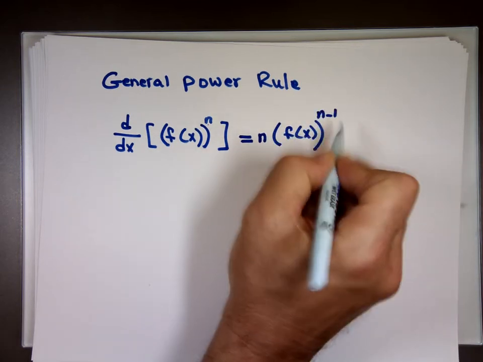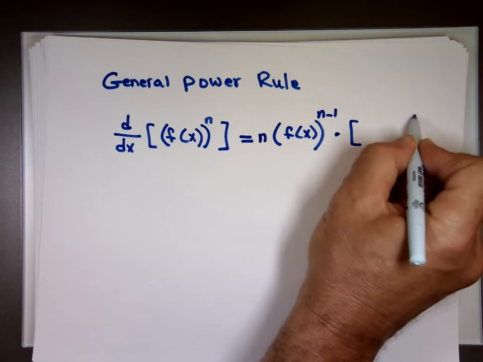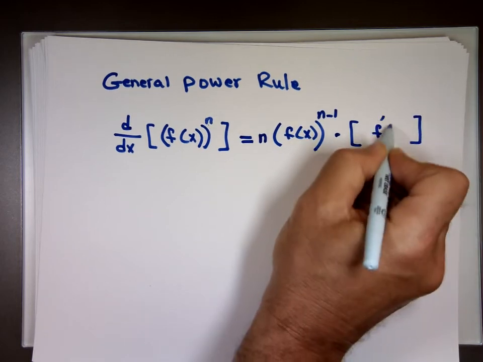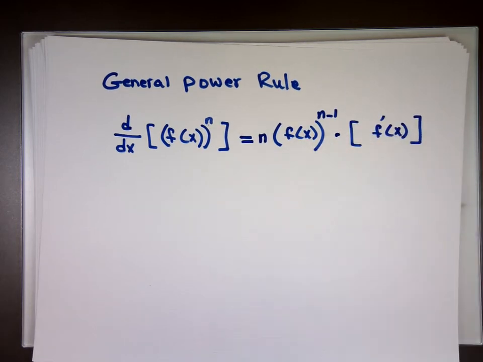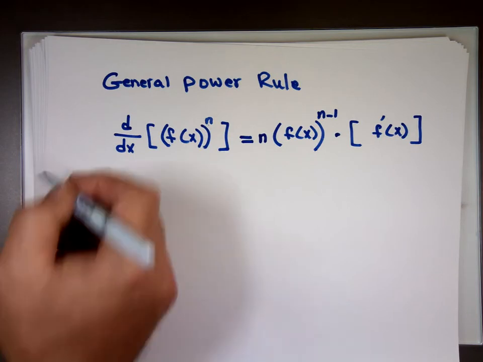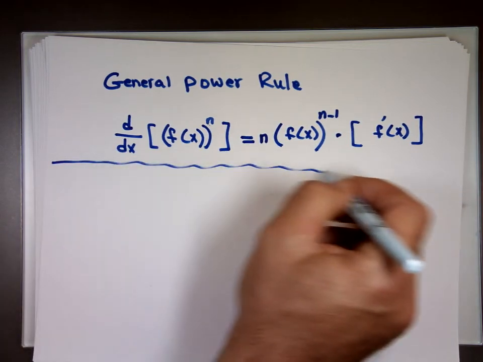And the last one in the box here, times the derivative of the function. That's the general power rule.